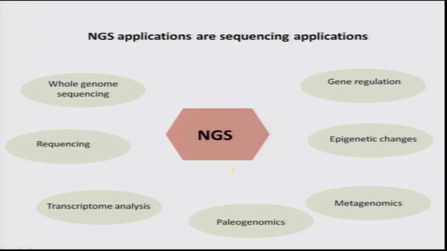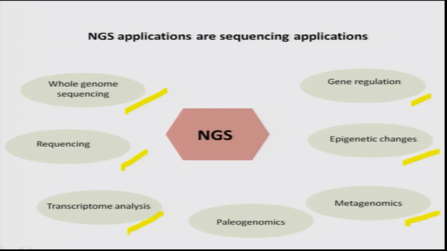Now we are going to talk about much larger applications beyond mutation detection. Of course, one is whole genome resequencing, like what we have seen with the 1000 Genomes Project and so on. We also looked at, for example, transcriptome analysis, and we can try to understand how genes are regulated in terms of changes in the DNA, transcription factor binding, and epigenetic changes, for example methylation of the DNA.